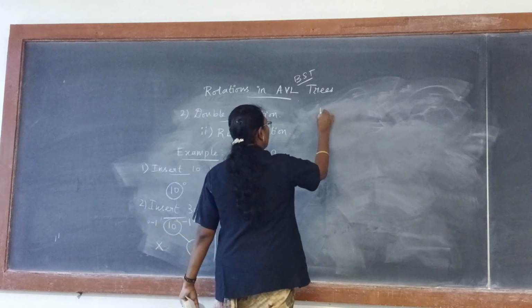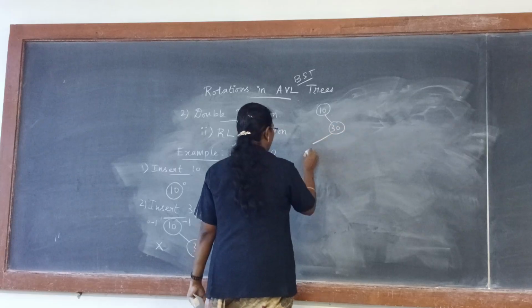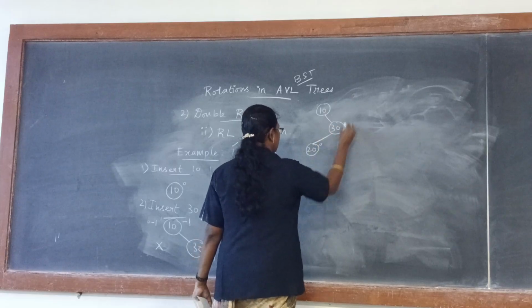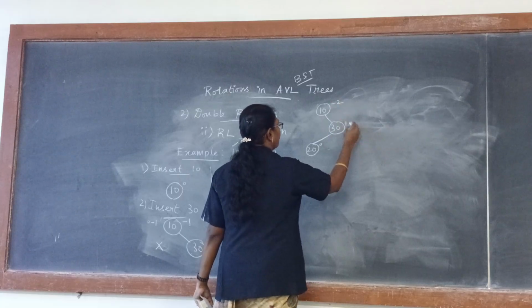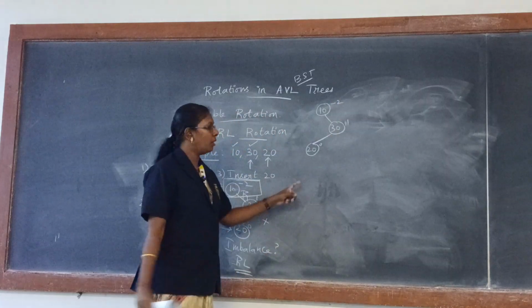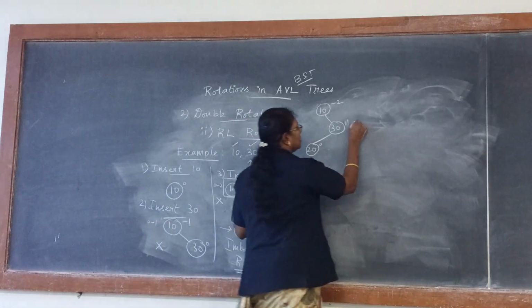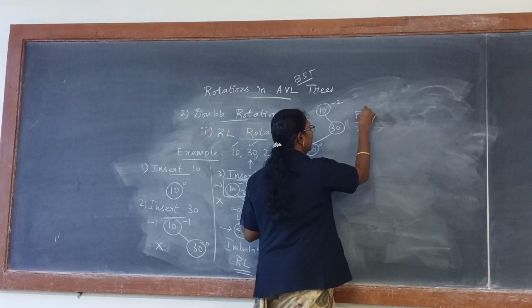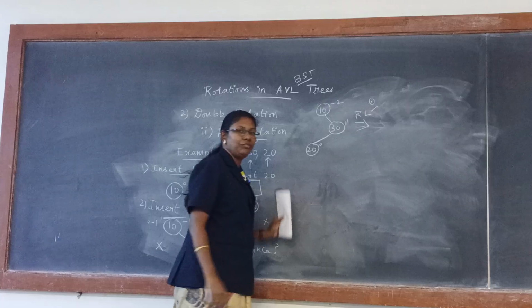So I'm taking this same tree, where this is 0, this is 1, and here it is minus 2. Now I'm going to perform the RL, right-left rotation. If I am performing the RL rotation, I need to do the left rotation first.